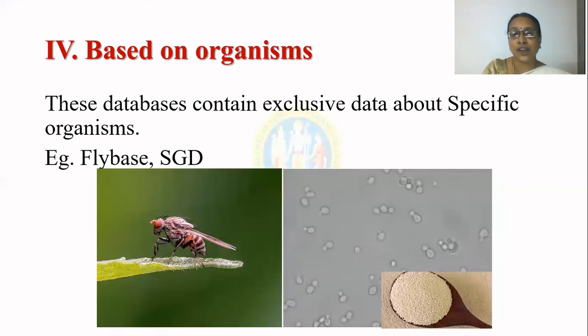For instance, Flybase contains every possible information related to the scientific experiments performed on the common fruit fly, also known as Drosophila melanogaster. In the same way, the Saccharomyces genome database contains every possible scientific experiments and information available on the Saccharomyces genomes.